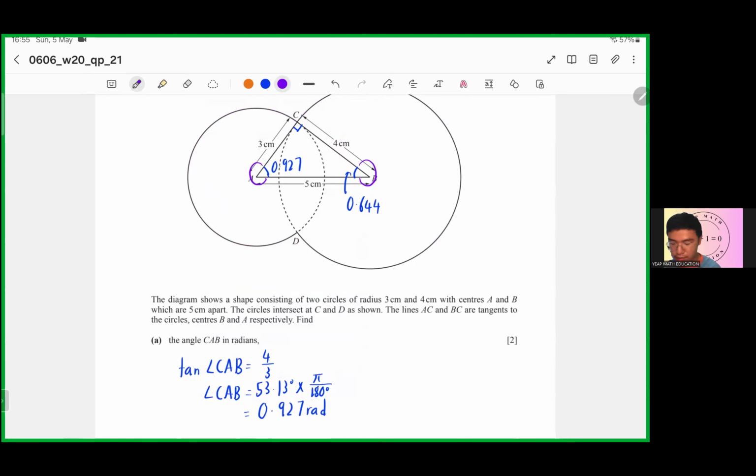For this part we can take 2 pi minus 0.927, and here also 2 pi minus 0.644.